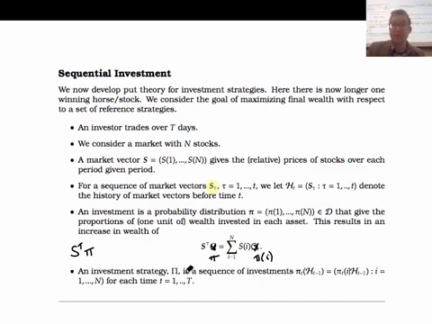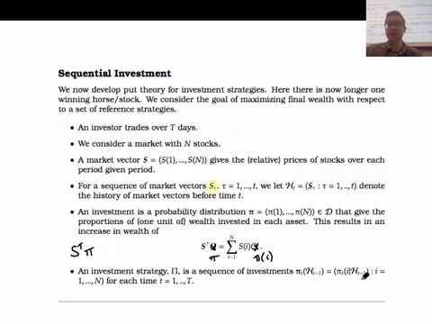An investment strategy is a sequence of investments. So the vector pi_t of h_t is going to be pi_t,i of h_t. Here we're saying I invest a proportion pi_t,i in asset i, given the history that I've observed so far up until time t.